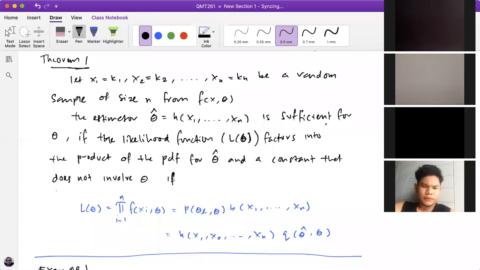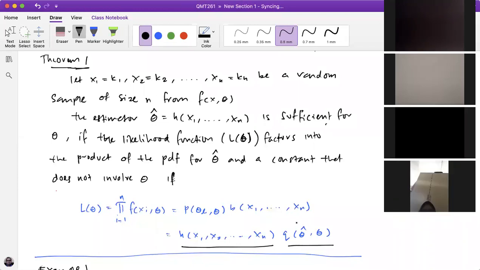To indicate the estimator is sufficient, we need to take the likelihood function of the PDF and try to factor it. If you can factor the likelihood function into 2 parts, the first one being the variable and the second part being the parameter, then we can say that the estimator is sufficient. That's all.